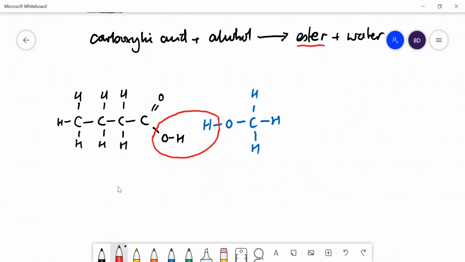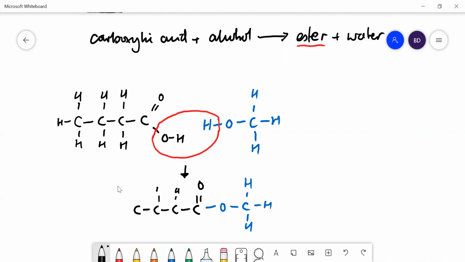The ester you're going to get looks like this. You've got 4 carbons from the butanoic acid. The double bond oxygen is still intact, and you're going to form the new bond between the blue oxygen from the alcohol to there. Now that is an ester, and I just put the hydrogens on the carboxylic acid here.